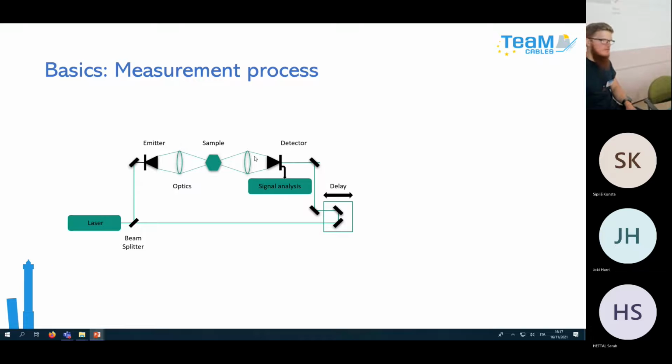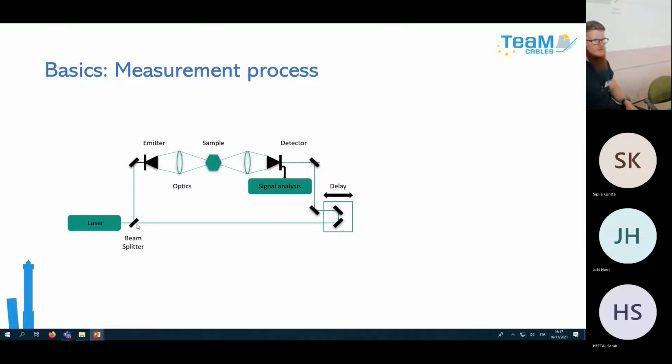This is representative for both reflection and transmission mode, because after the sample, it again moves through an optical system, falls onto the detector where the waves are transformed into an electrical signal, an electrical current, which then can be used here for the signal analysis.